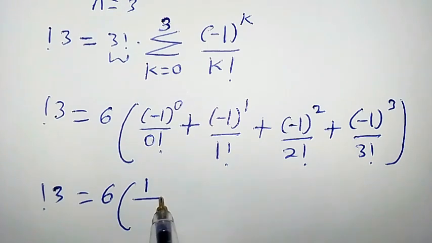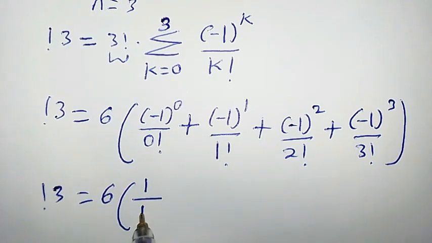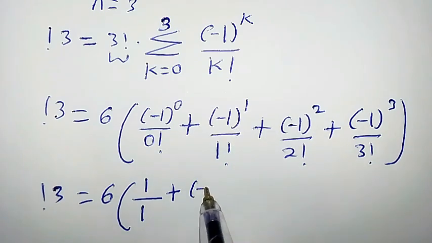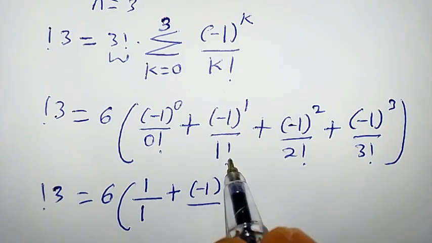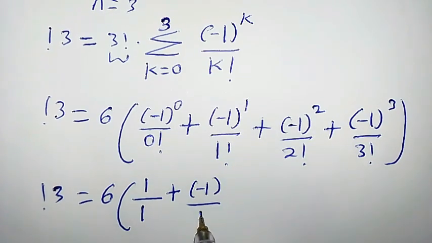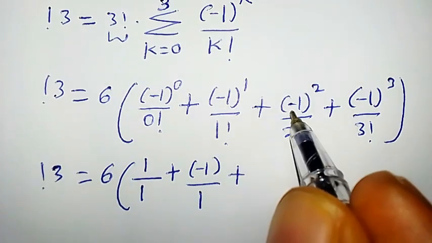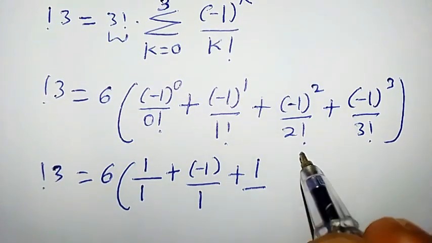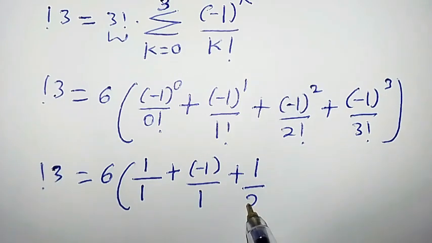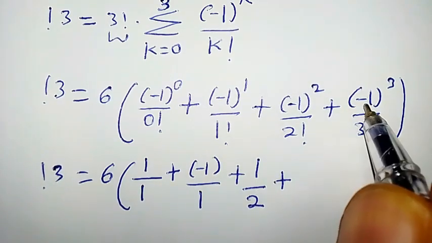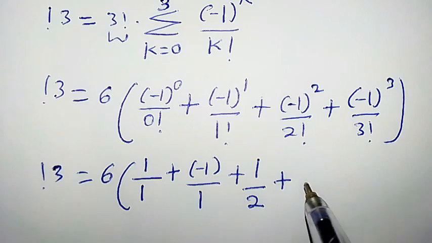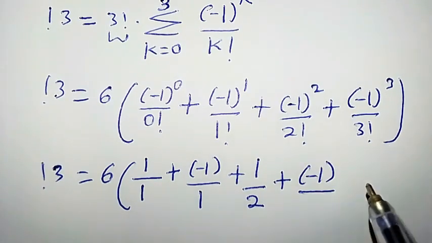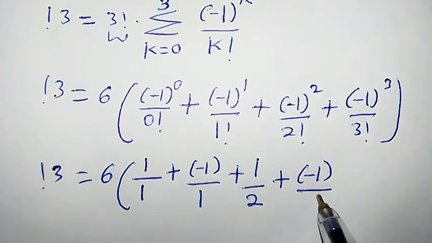3 subfactorial is equal to 6 into minus 1 to the power of 0, that is simply 1, over 0 factorial, that is 1, plus minus 1 to the power of 1, that is negative 1, over 1 factorial, that is 1 times 1, which is 1, plus minus 1 to the power of 2, that is plus 1, over 2 factorial, that is 2 times 1, which is 2, plus minus 1 to the power of 3, that is negative 1, over 3 factorial, which is 3 times 2 times 1, which is 6.